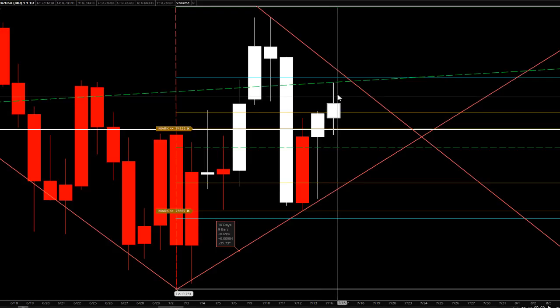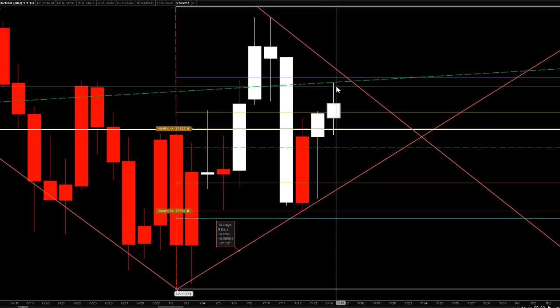And I might even just paper trade it just to see how it does. The model says that there's going to be a high on the 16th, which is today. Is this the high? I don't know. But it's a strong angle right here that we've been dealing with for a long time. We just got to see if that's going to hold.